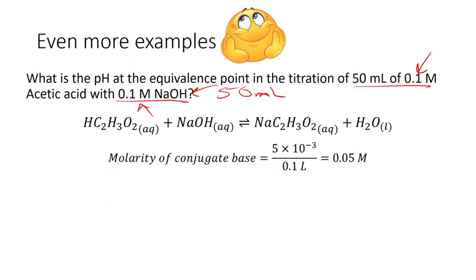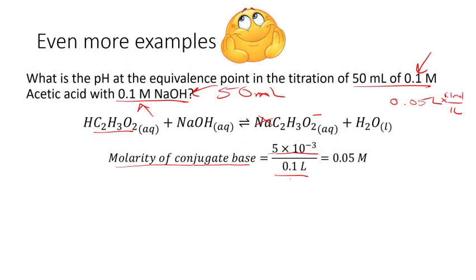And so what we do, we're going to find the molarity of our conjugate base, remember this one. And so we have the moles of our acid, which is just 0.05 liters times 0.1 mole over 1 liter, giving us 5 times 10 to the negative third.